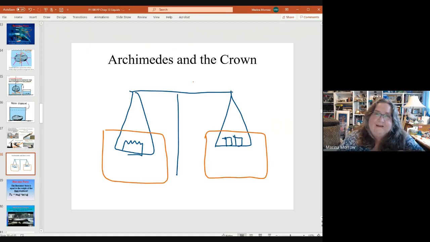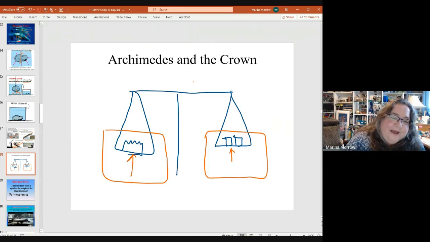So right now they're the same mass, but the volume will be different. And so what would happen was that because the pure gold was probably less volume, it would push aside a smaller buoyancy force. Whereas the crown, because it has silver in it, would push aside a larger buoyancy force because it would have a larger volume.